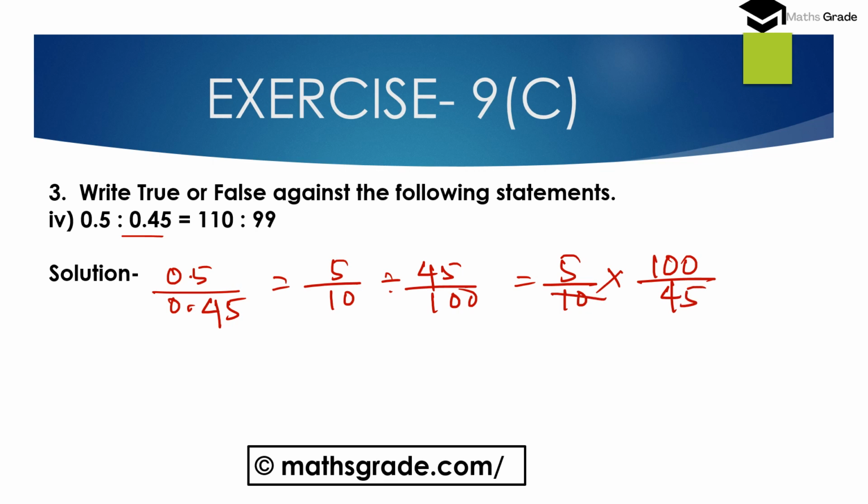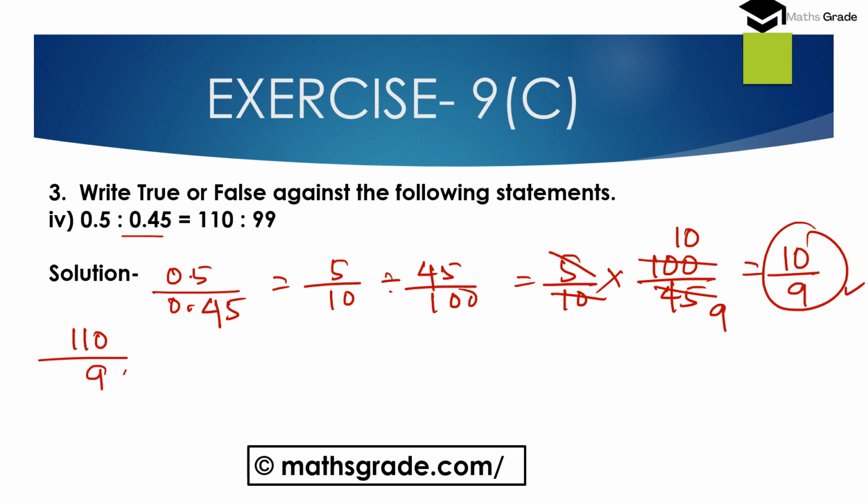Now cancel 10 and 100 with 10. 10 multiplied by 10 is 100. And cancelling 5 with 45. 5 multiplied by 9 is 45. Now 10 divided by 9. And 110 divided by 99. 110 is to 99 is 110 divided by 99.